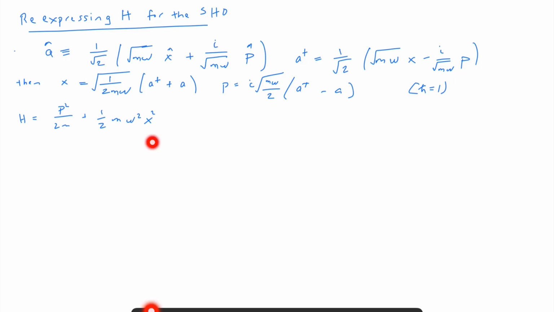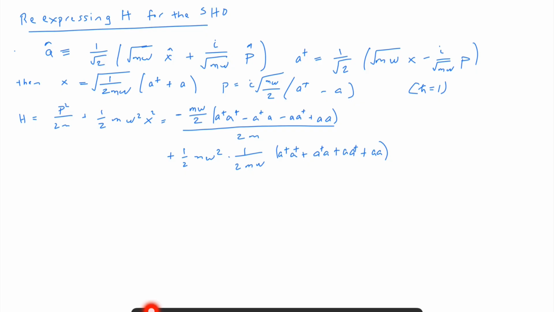That helps us if we go back to our H, our Hamiltonian, for our simple harmonic oscillator over here. It allows us to re-express this Hamiltonian in terms of A and A dagger, as I'll show you now. If I just plug in what P and X are here in terms of these definitions, I'll get this expansion. I have a P squared here, and I just use this entire thing squared and this coefficient squared.